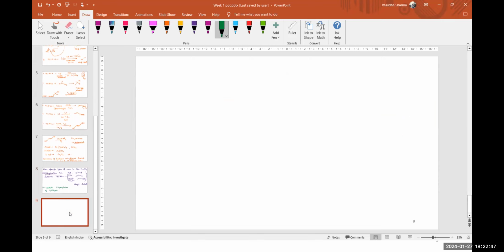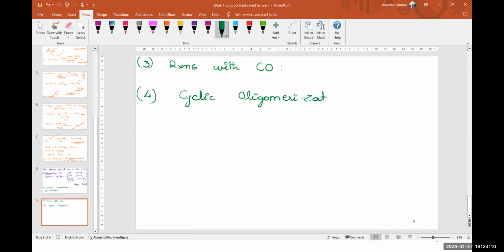What we are doing, we will take up in further examples. The third type of reaction comes with reactions with carbon monoxide. We have seen 2 types of reactions. And the fourth type is cyclic oligomerization. So these are the 4 different types of reactions that come under Reppe synthesis.